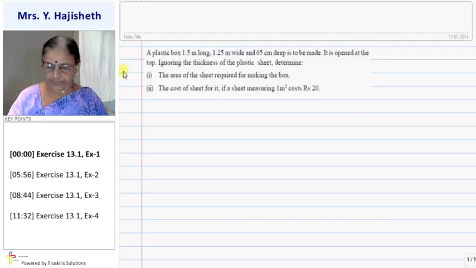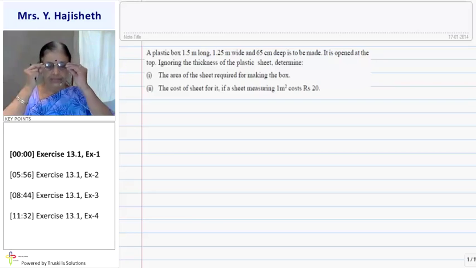Now see, your 13.1 of your exercise is based on surface area and curved surface area of cube and cuboid, okay?